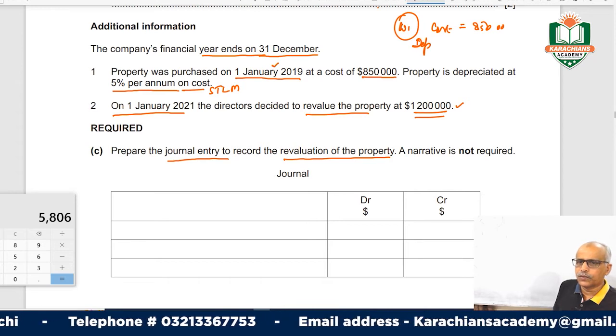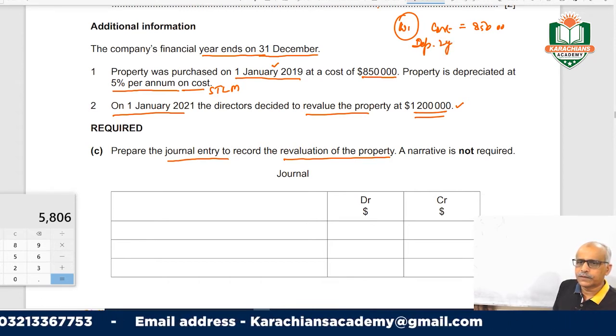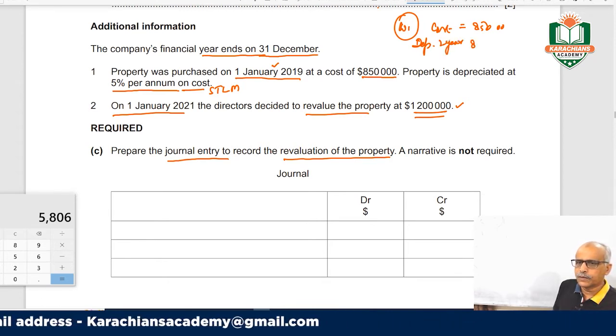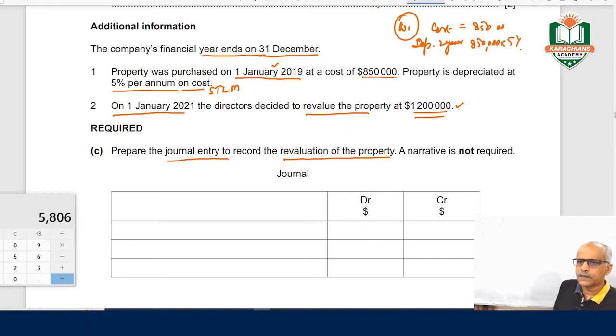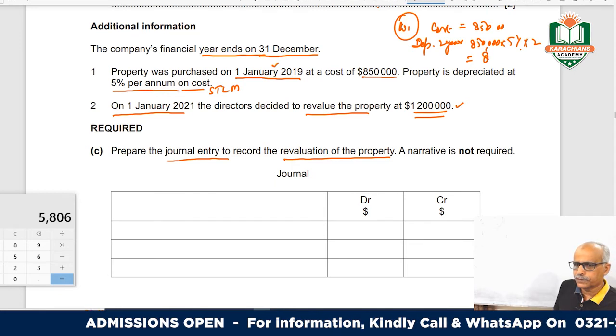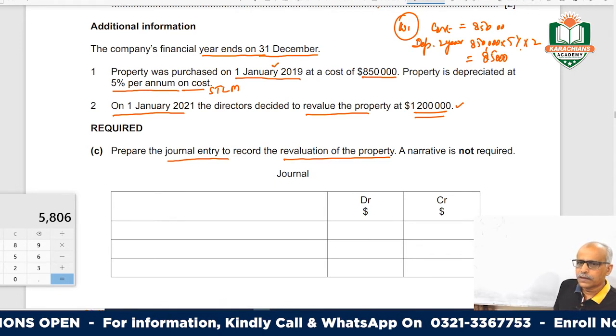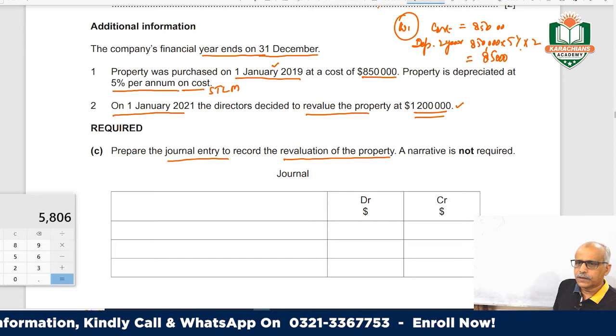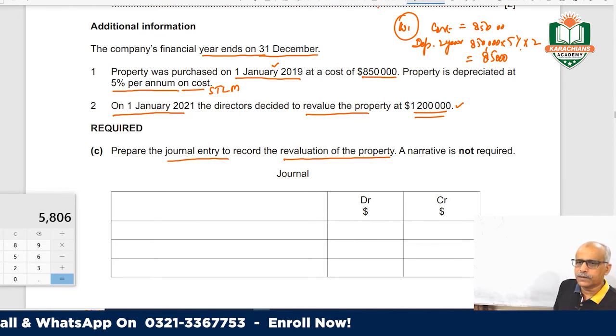Depreciation for 2 years is 850,000 into 5% for 2 years, so this will be 10%, which is 85,000.